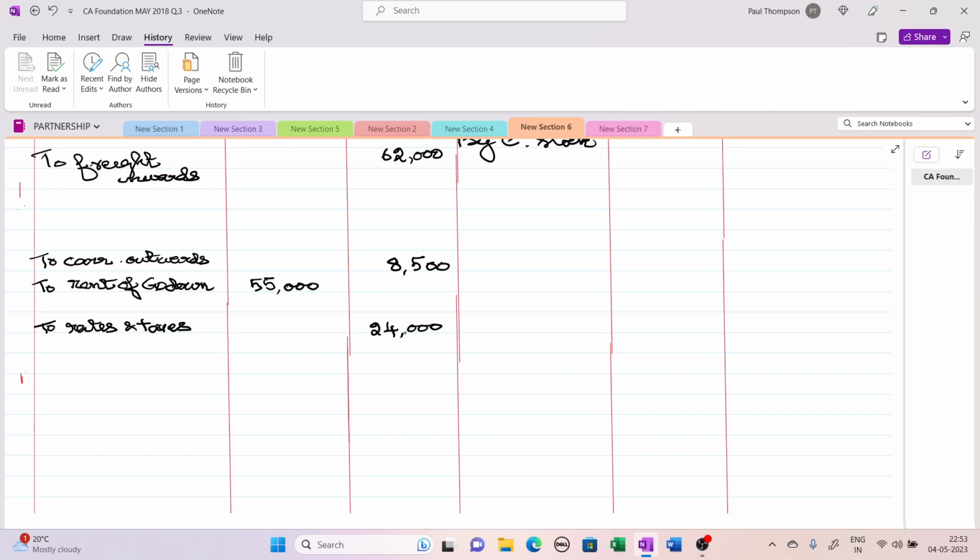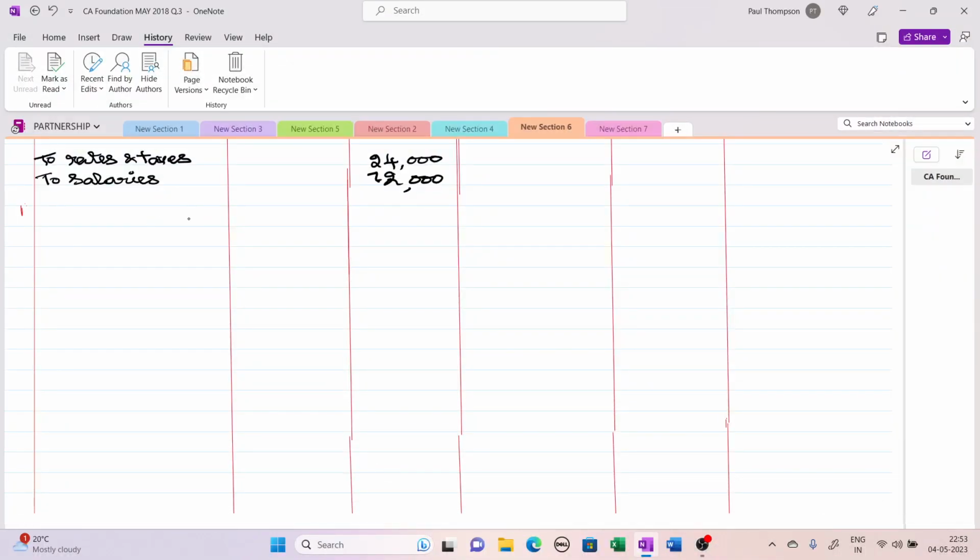Next item is salaries. No adjustment given. Salaries 72,000. Next item is your discount allowed. Discount allowed is 7,500.